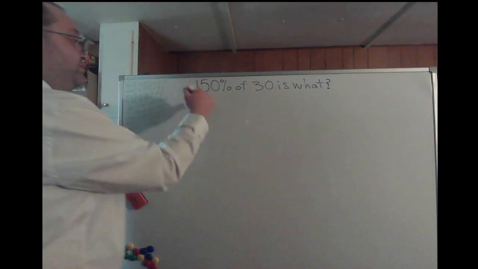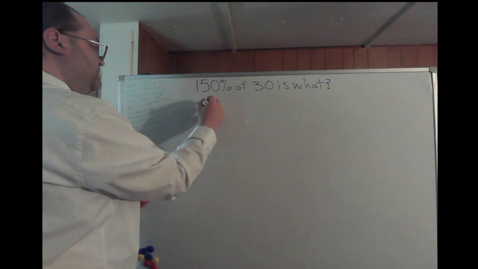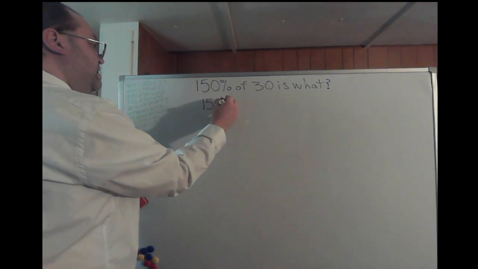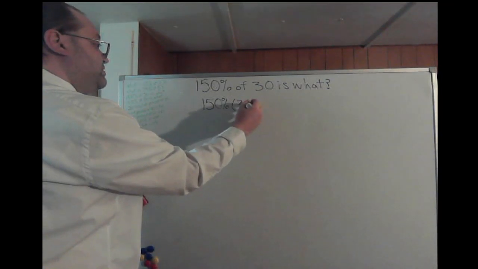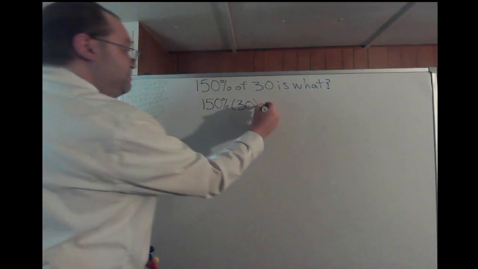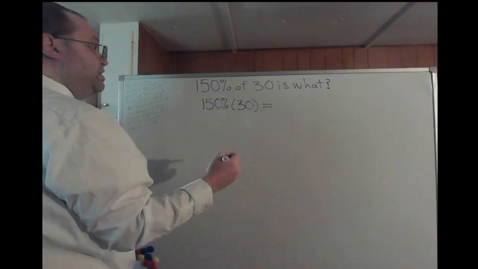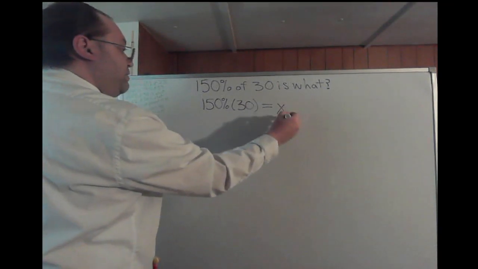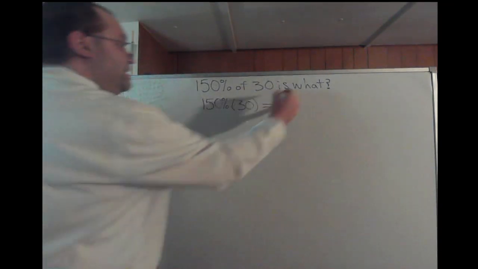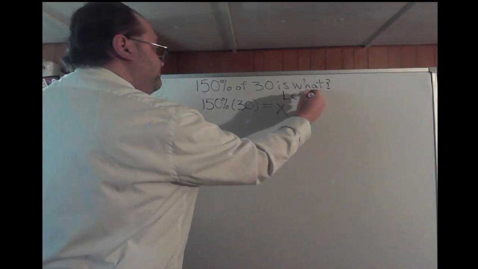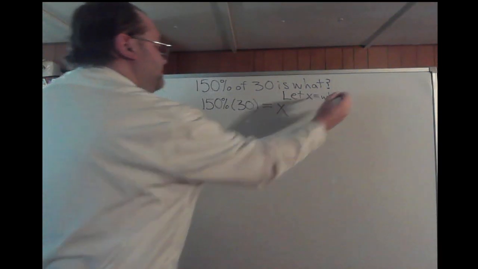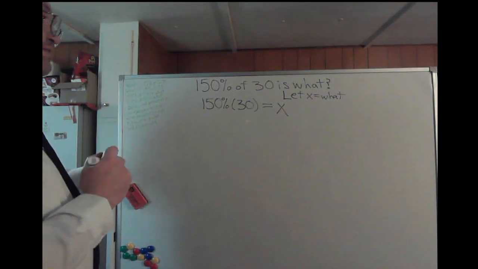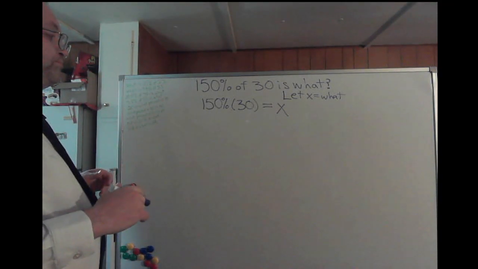So start with 150% of means multiplication of 30, so times 30, is, that means equal to what? We'll let x equal our what? Let me put that up here. Let x equal what? Always want to use a let statement for your variables when you're trying to pick a variable to solve the equation.